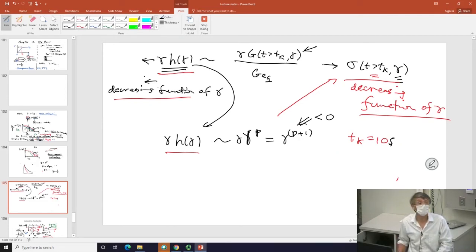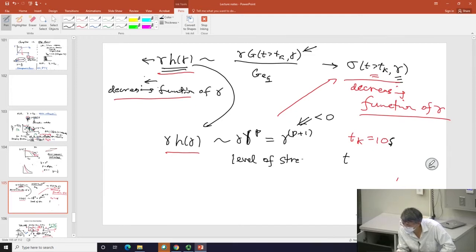I'm asking ourselves, what about the state of stress, the level of stress, at t equals 50 seconds for different gammas?